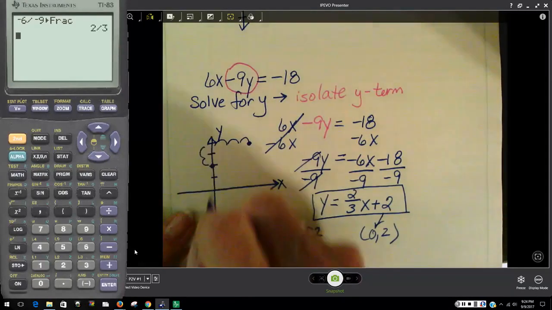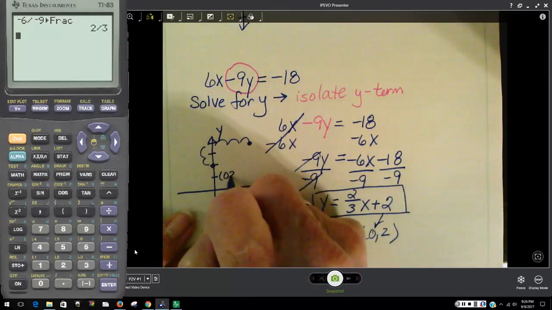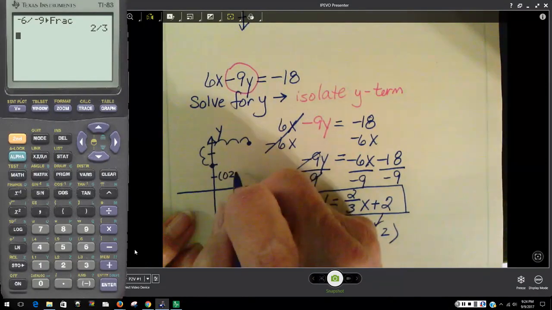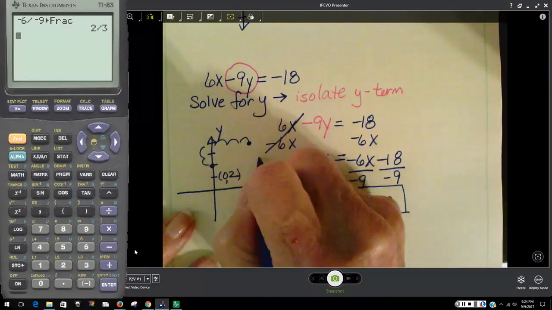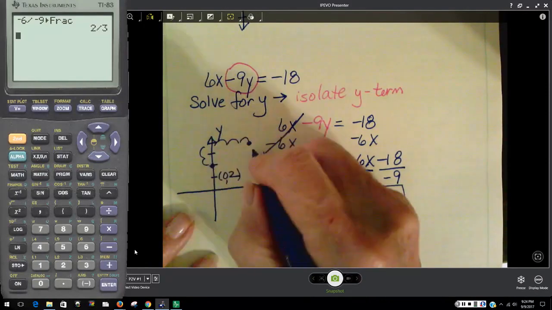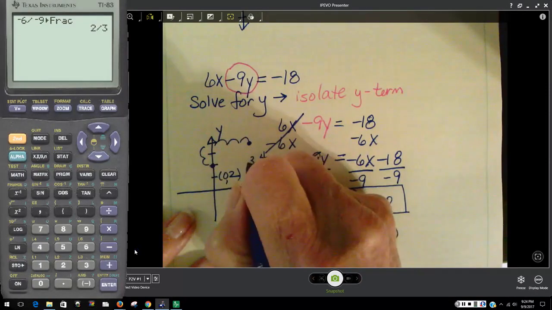So I'm starting out with the point 0, 2. When I go up 2, that's 4. And then when I go right 1, 2, 3 from 0, that's 3. So the point 3, 4 is on the line.